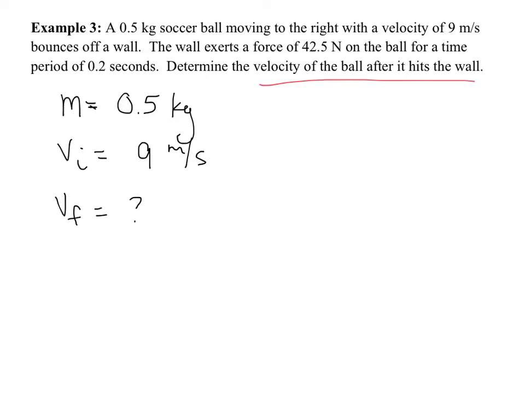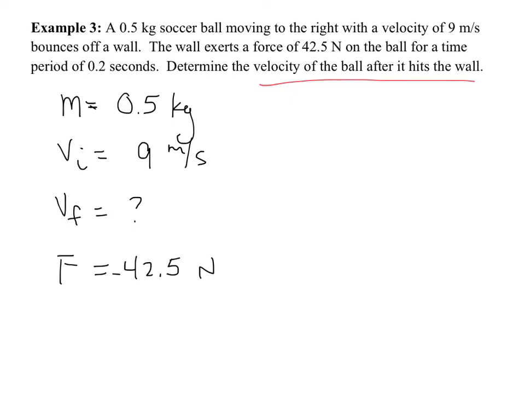Now, if the ball is traveling this way with 9 meters per second as a velocity and it hits the wall, which way does the wall push? So what kind of a force is it? Negative. So let's list F as negative 42.5 newtons.